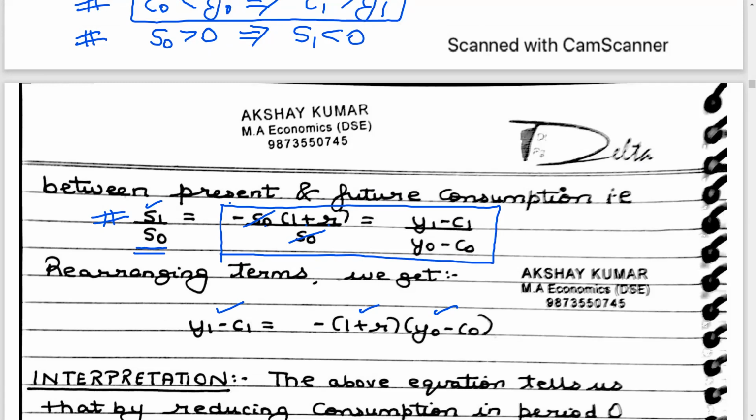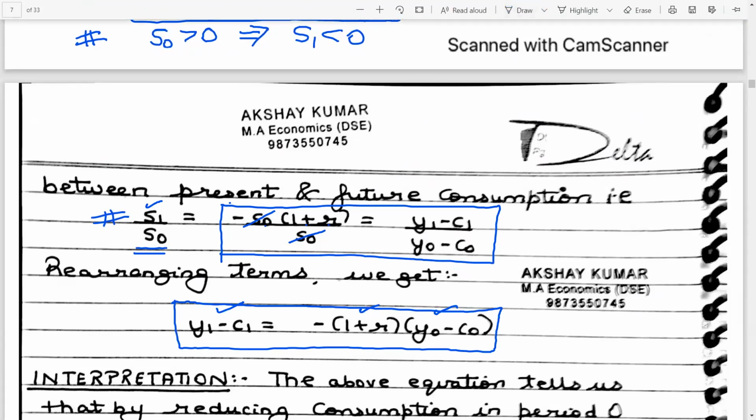So this is another way in which I can write the budget constraint. One way in which we had written the budget constraint was that present discounted value of consumption exactly equals the present discounted value of income. But on your screen, you can see we have now written the budget constraint in terms of the future value. So let's look at the interpretation of this.